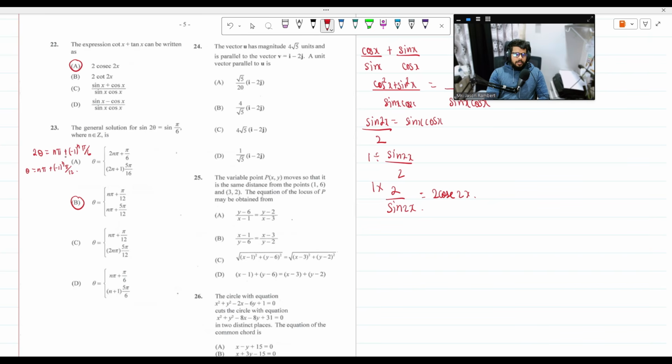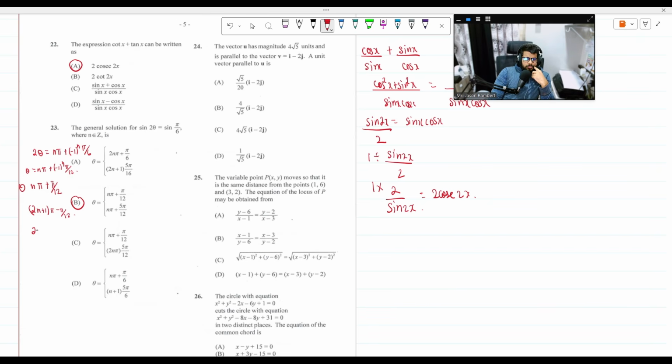When n is an even number, I'm going to get n pi plus pi on 12 is theta. When n is odd, I'm going to get 2n plus 1 pi minus pi on 12.